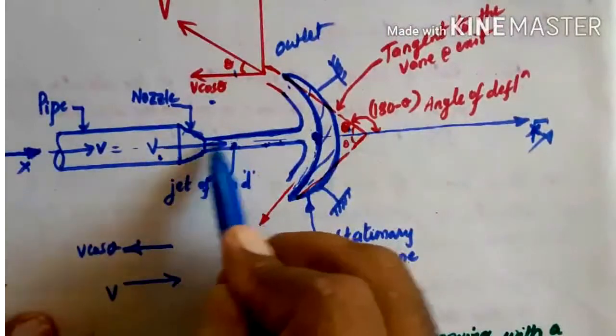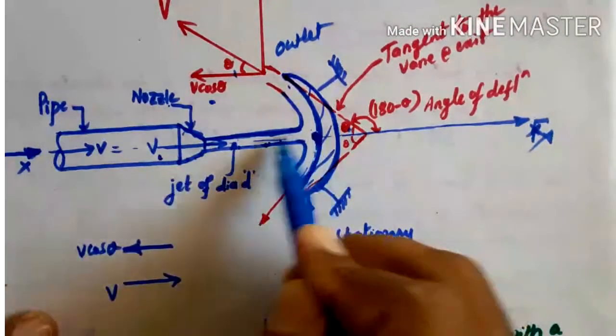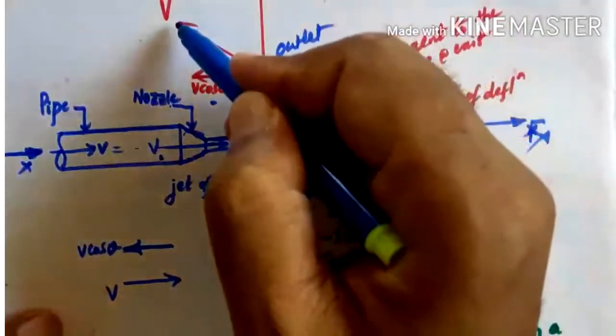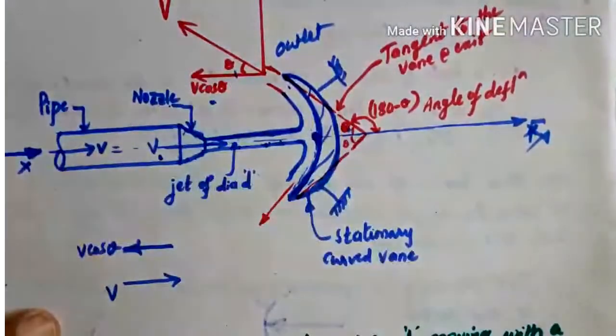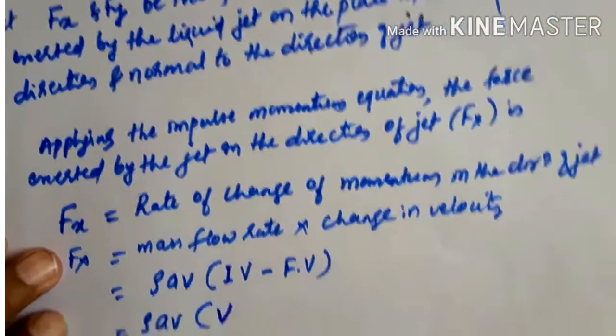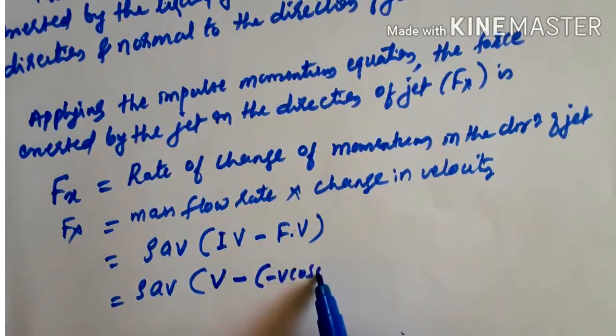V. The jet is striking the vane at a velocity V initially. Then after striking, it leaves with a velocity V, but we want it in the x direction. So initial velocity will be V minus final velocity, minus V cos theta.